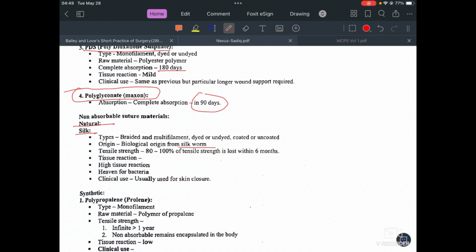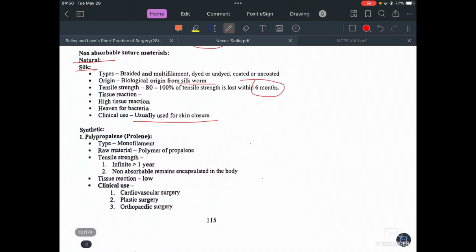The tensile strength, 80 to 100% of the tensile strength is lost within 6 months. Tissue reaction, it is actually highly reactive, so there is a high tissue reaction, and this is a haven for the bacteria. This is a very important part. The clinical use usually used for skin closure.